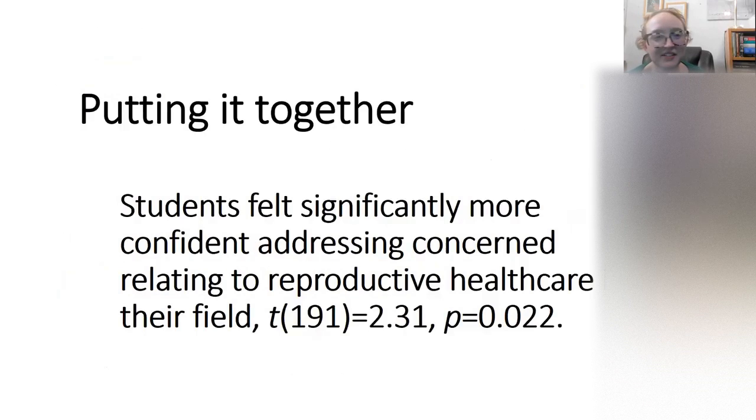And so when you put it together, like for this question, it was about confidence addressing concerns related to reproductive healthcare in their field. And so you just say the sentence just like that, and then you just pop that in that exact formatting.